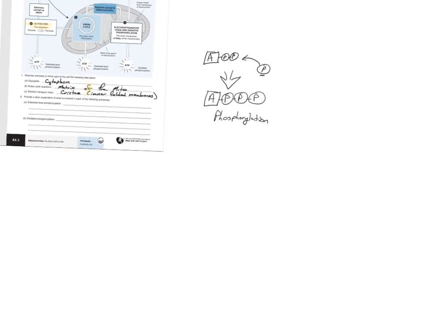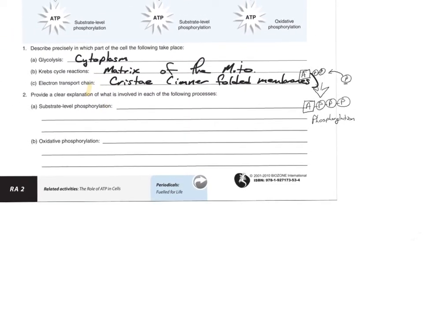So if you're dealing with, what does the word substrate mean? This word here, substrate. Substrate level. But specifically, what does the word substrate mean? It goes back to our discussion on enzymes. Anybody remember that? You have this thing, let's call it an enzyme.